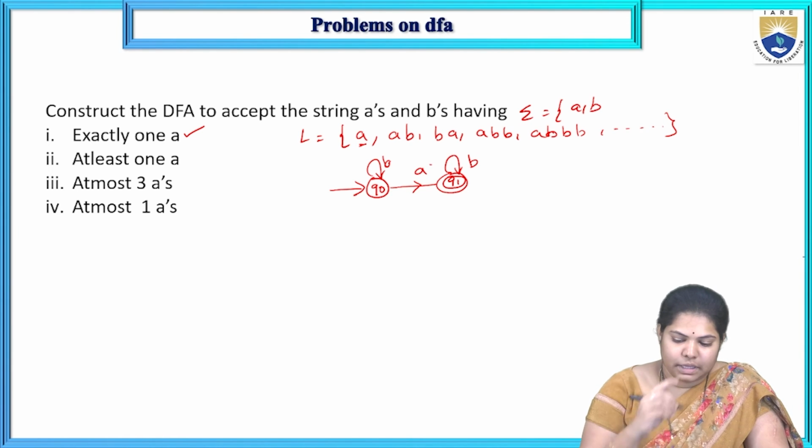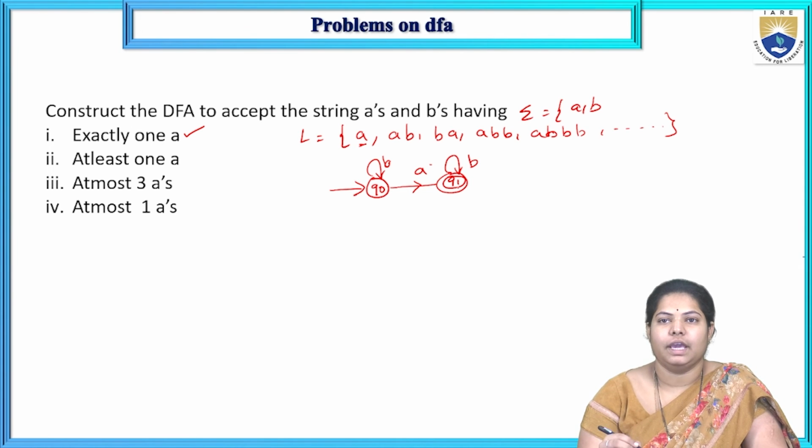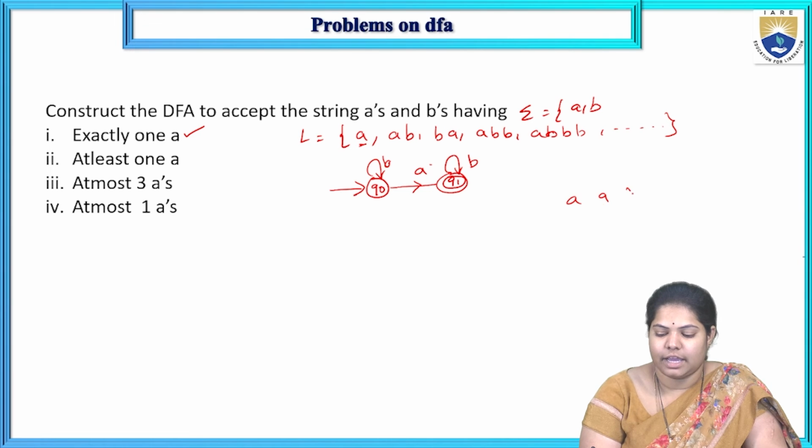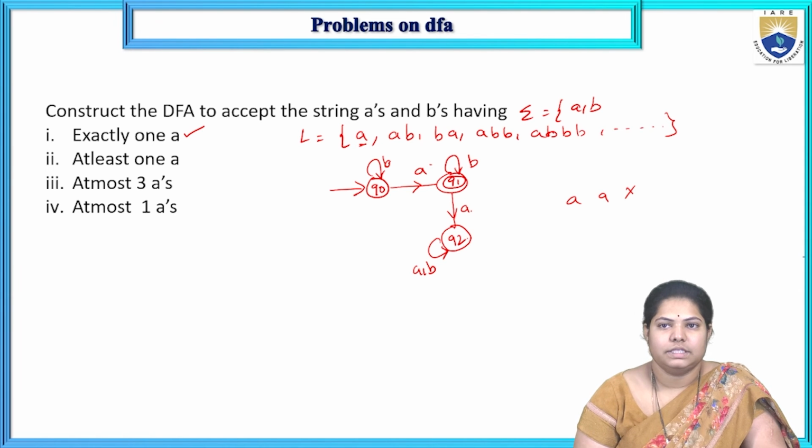So here Q1, after A I should not get any more A's. If I take AA, I should get rejected. So after 1 A, on seeing any A, I should send it to the dead state. I just simply send it to the dead state.